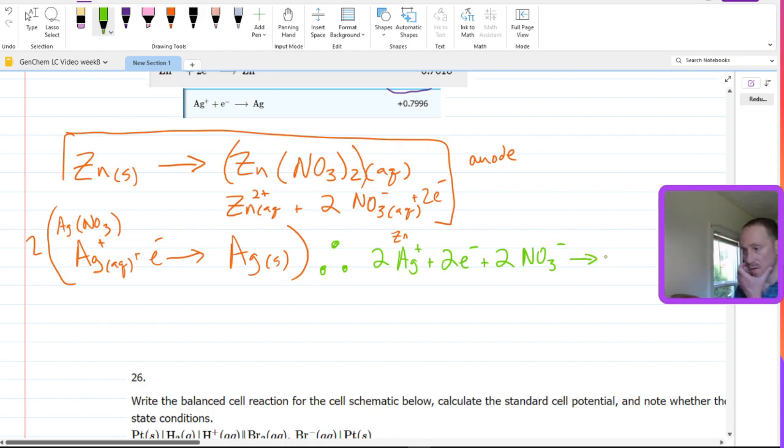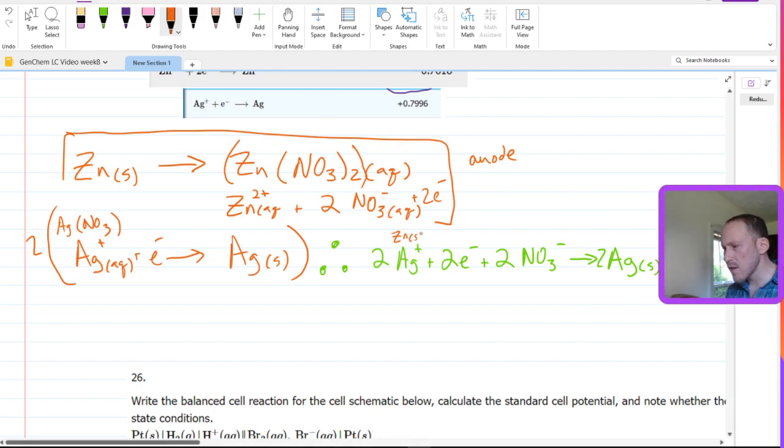So for the reduction part, that leads us to solid silver. 2 of them, 2 solid silvers. And there we go. And those 2 nitrates are still hanging out. Well, I mean, with the zinc. I guess let's clean that up in a sec.